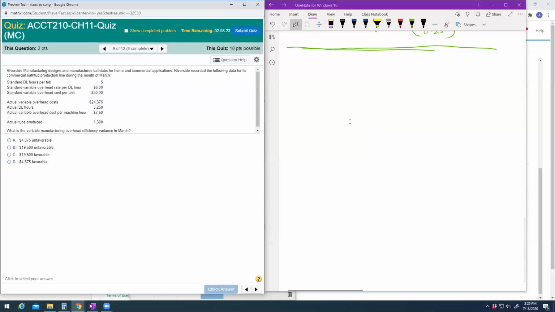Okay, for questions 9, 10, 11, 12, we have 4 questions. Oh, so many numbers. Asking about variable manufacturing overhead efficiency variance. Efficiency is actual versus standard.